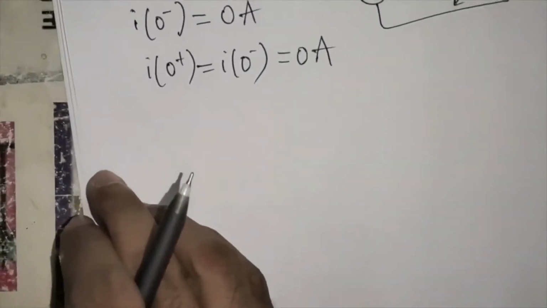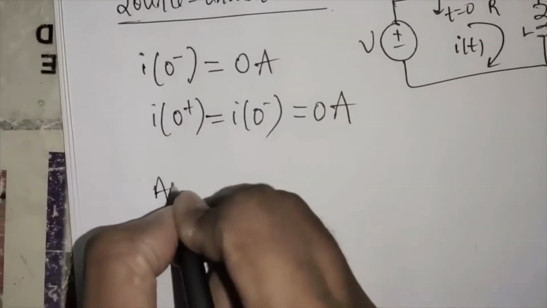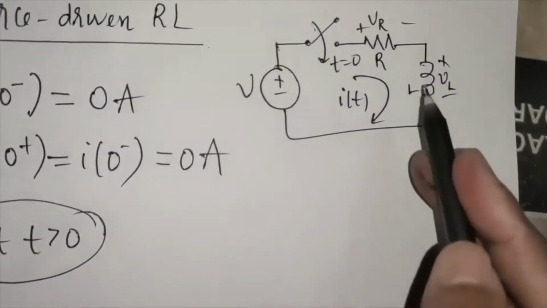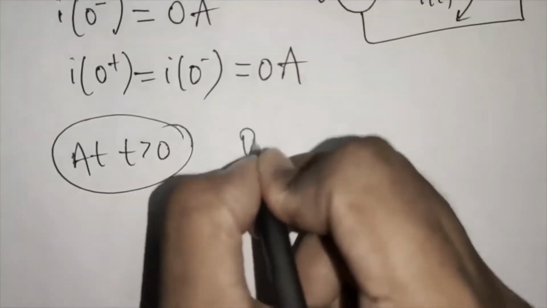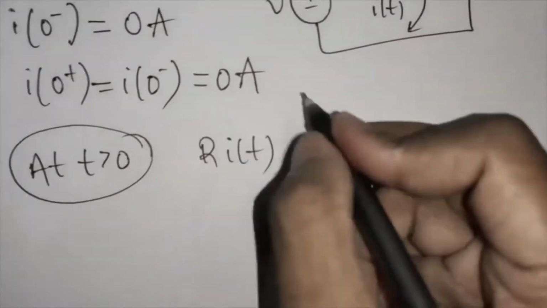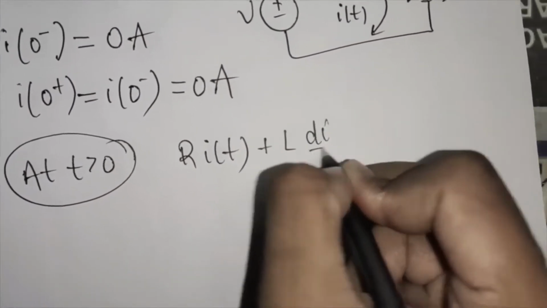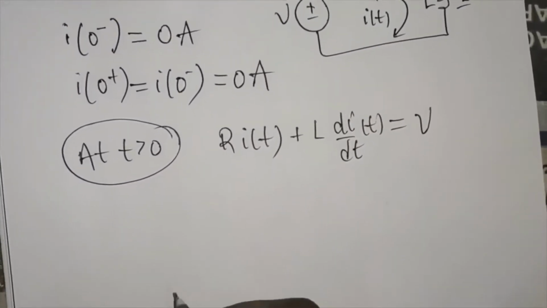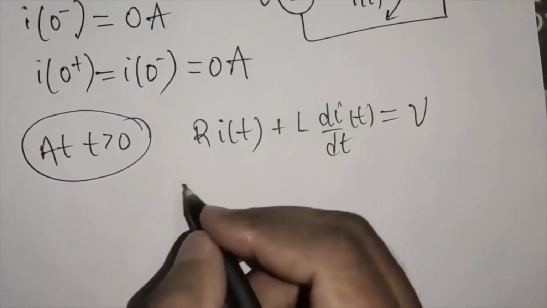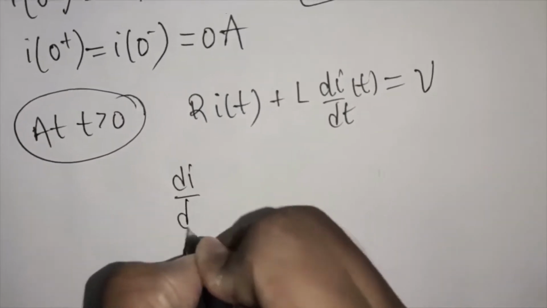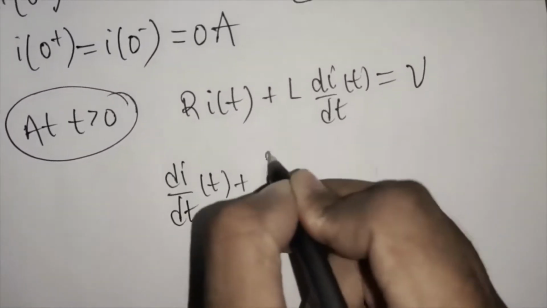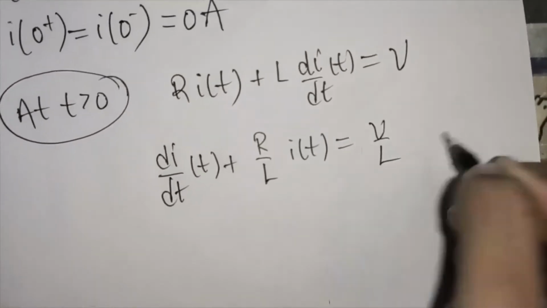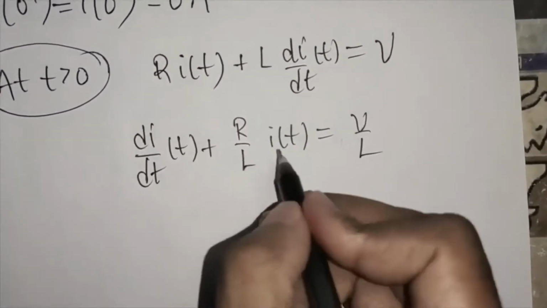At t greater than 0, after we close the switch, let us apply KVL to this circuit and we'll get R into I of t plus L into di by dt is equal to V. Dividing by L throughout, I will get di by dt plus R by L into I of t is equal to V by L. Here we have to derive the expression for I of t.